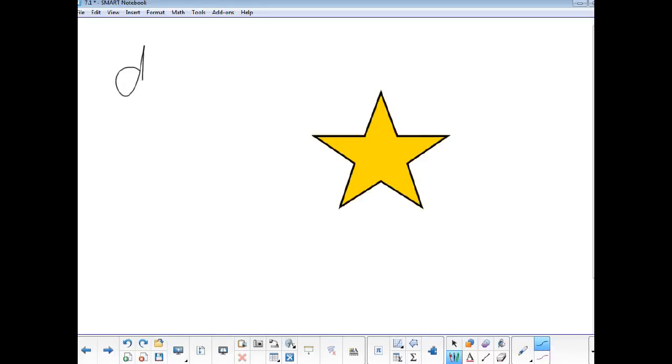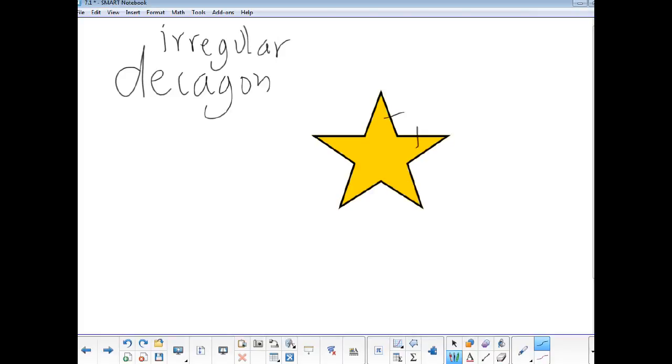That makes it a decagon. In this case, we'd probably want to call it an irregular decagon, because not all the angles are equal. All the side lengths are equal, so I could put little lines here indicating that.